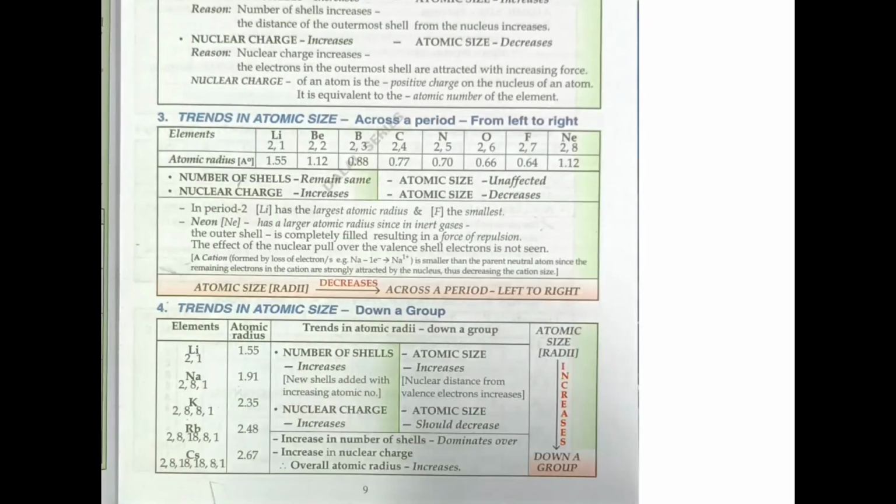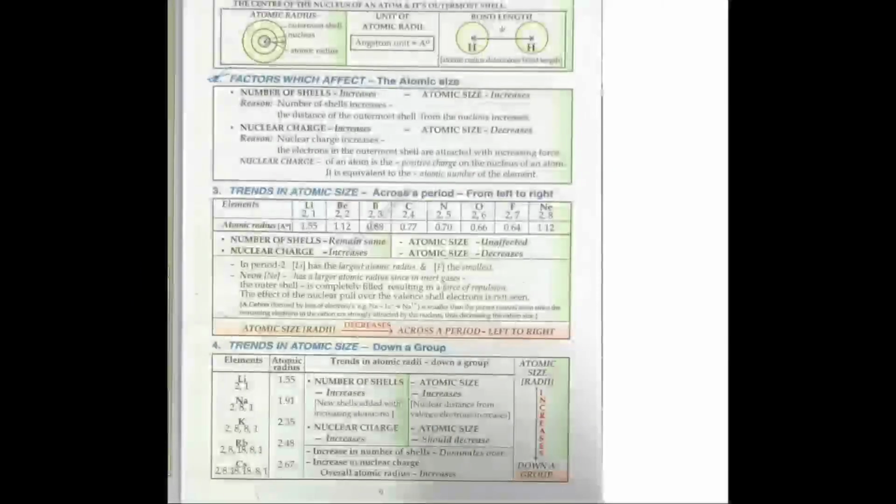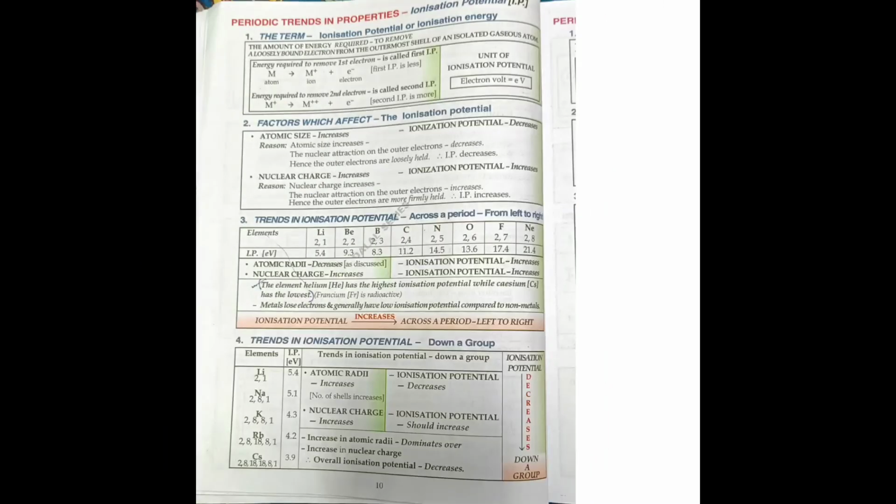So in general, from left to right atomic size decreases due to increase in nuclear charge, and from top to bottom atomic size increases due to increase in number of shells. That is the conclusive part of this factor.